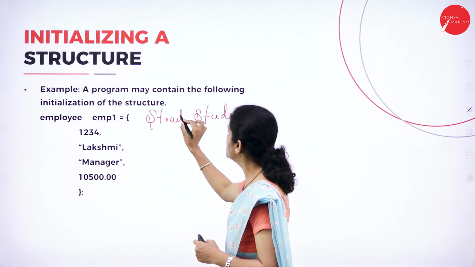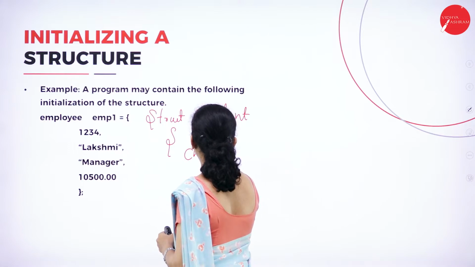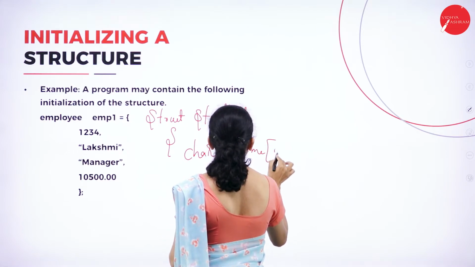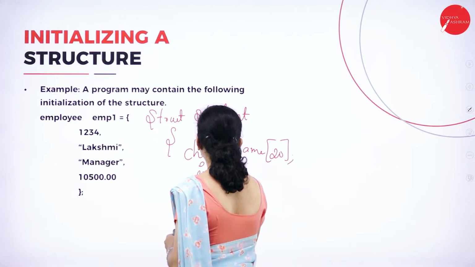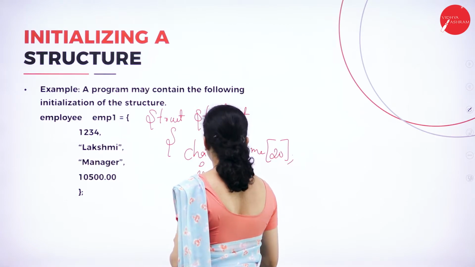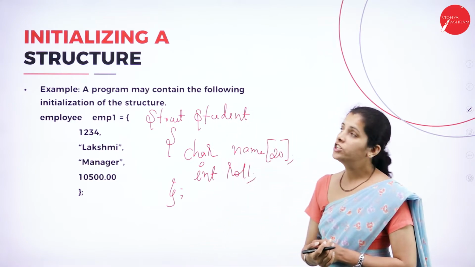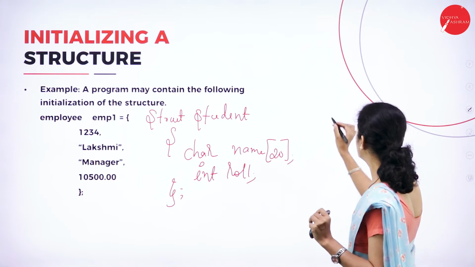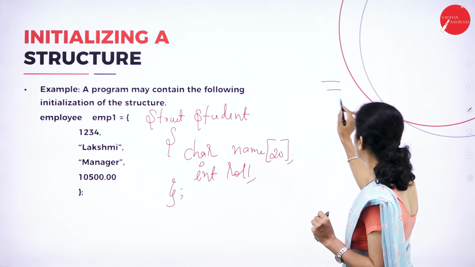So I'll start with the struct keyword, then character name of 20, then integer roll number. And I'm going to initialize the structure in my main program. So I'll start with the main program.